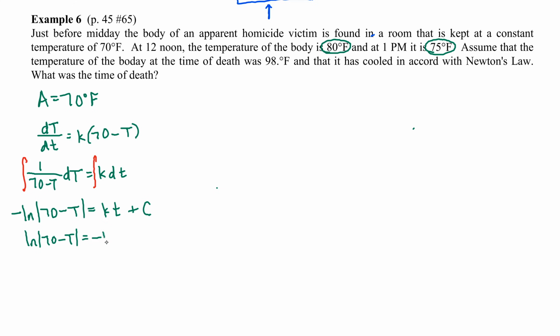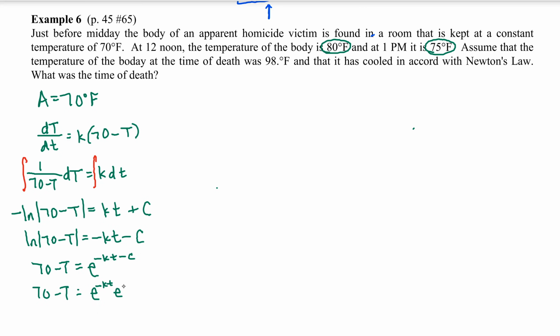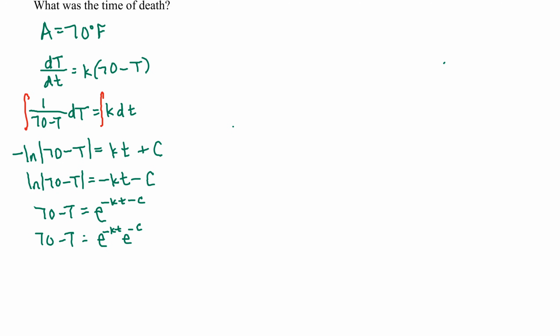We're going to get negative Kt minus C. Isolating the argument 70 minus T, or rewriting this in exponential form, we have e to the negative Kt minus C. Or, as we've done before, we could express that as e to the negative Kt times e to the negative C. Notice we have constant to a constant here, so we can rewrite that.